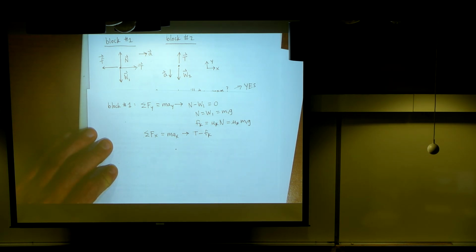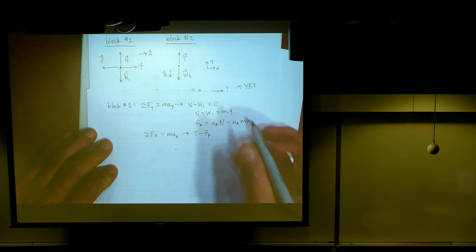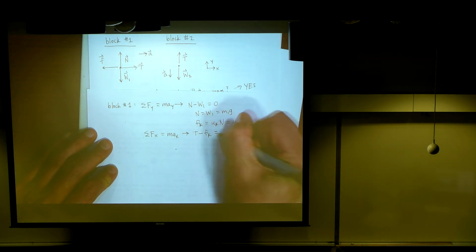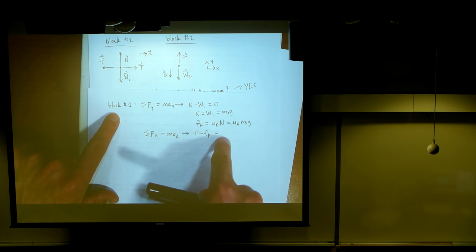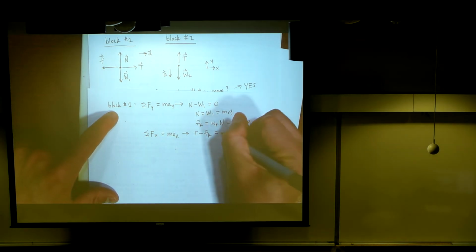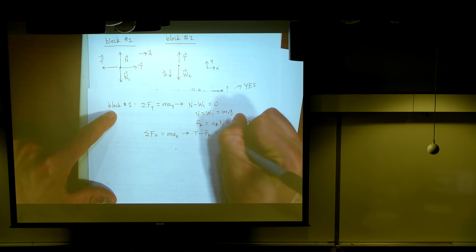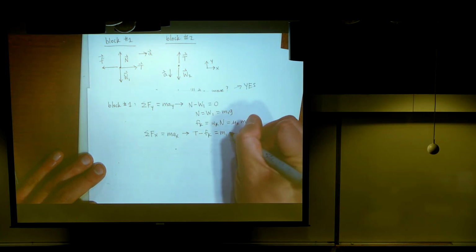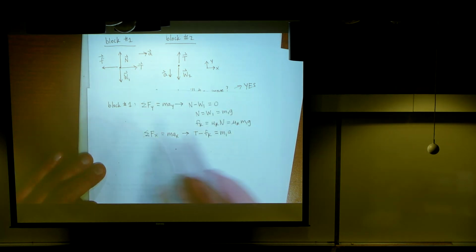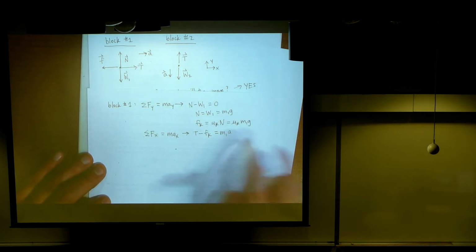So I have T minus F sub K equals, I'm talking about block 1 here, so the mass that I need to use in the equation is M1. What's the acceleration? It's just A, and it's already in the positive direction, so we don't need to add a sign to that.